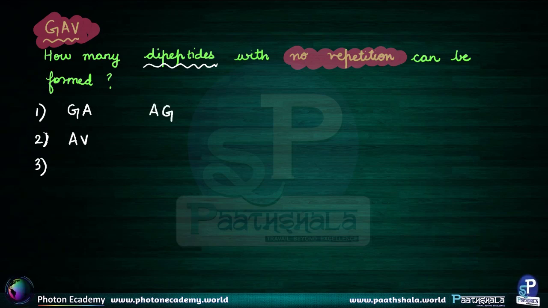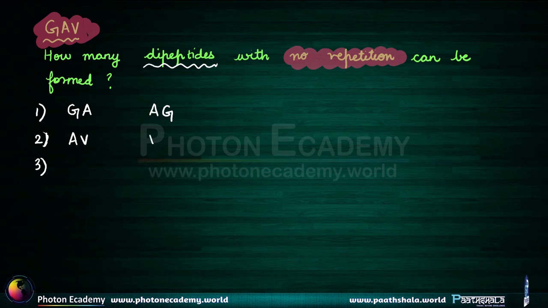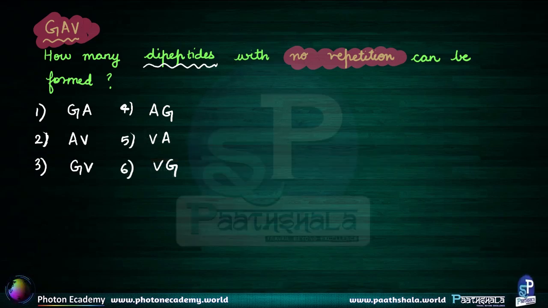If we have AV, then we can write VA. If we have GV, then we can write VG. So we have got all the dipeptides, and there is no repetition over here, so we can just say that these have six combinations. That is, six dipeptides can be formed.